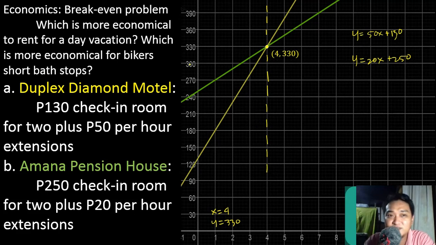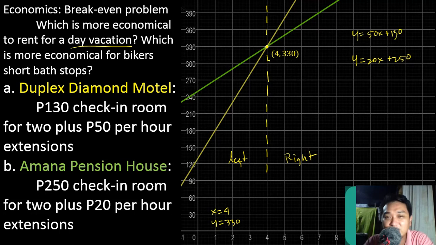But here's the question. Let us first answer the first question. Alin yung mas mura for a day vacation? Meaning, say, in that place, magtatagal ka. Or meaning, in that motel or pension house, magtatagal ka. So, tingnan natin, i-compare natin yung left and i-compare natin yung right side ng equation.